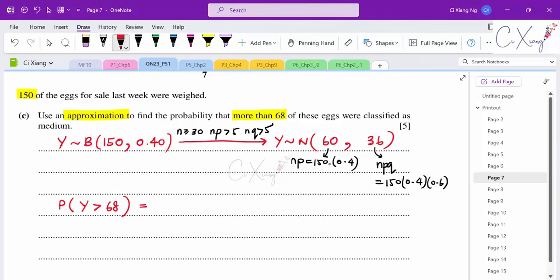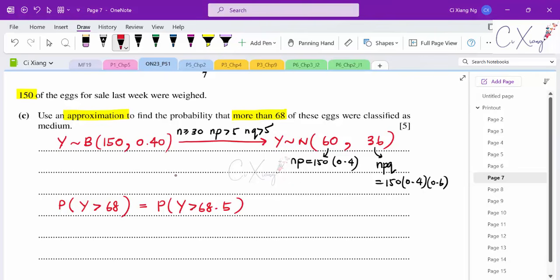Since this is a normal distribution now, originally it is binomial, right? So from binomial, when you want to change it to normal, you have to apply continuity correction. For the continuity correction of this case, it should be more than 68.5.